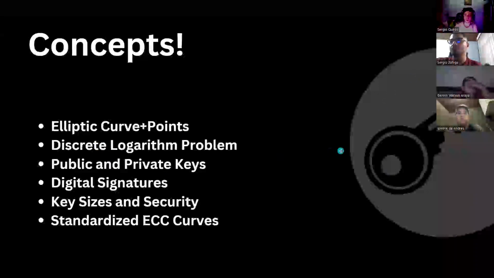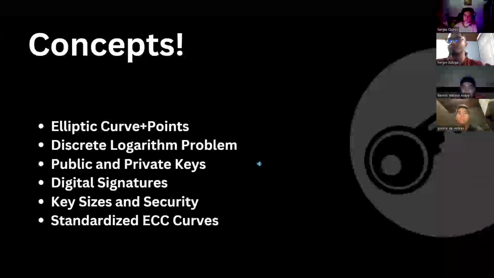Then we have public and private keys that we've covered in previous classes. But there are secure key exchange protocols, such as Diffie-Hellman key exchange or elliptic curve Diffie-Hellman. Two parties can exchange their public keys, perform calculations, and use their private keys to generate a shared secret key without exposing any private information.